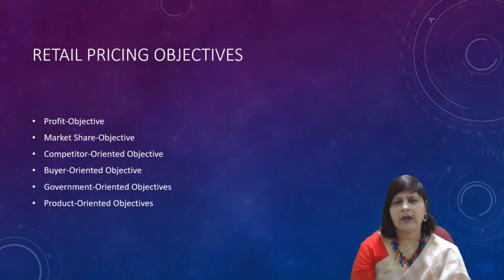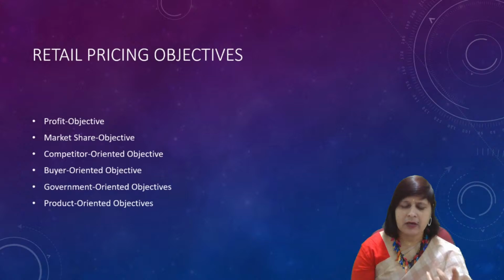Then competitor oriented. The pricing strategies depend on the competition, whether it's a monopolistic market, a monopoly market, an oligopoly market or a perfectly competitive market. What type of market am I dealing in?